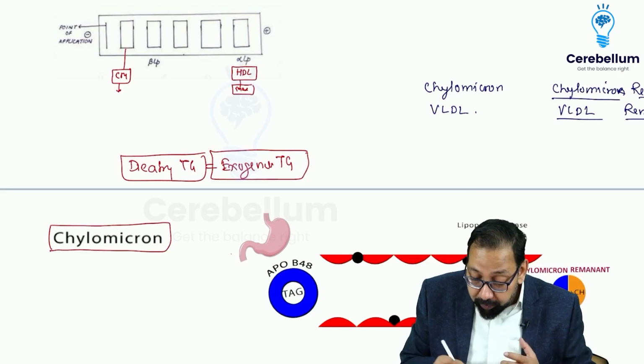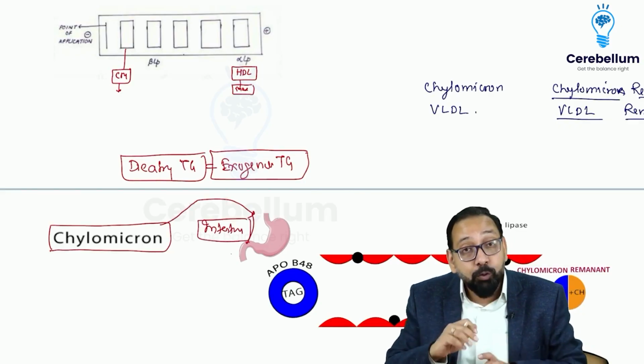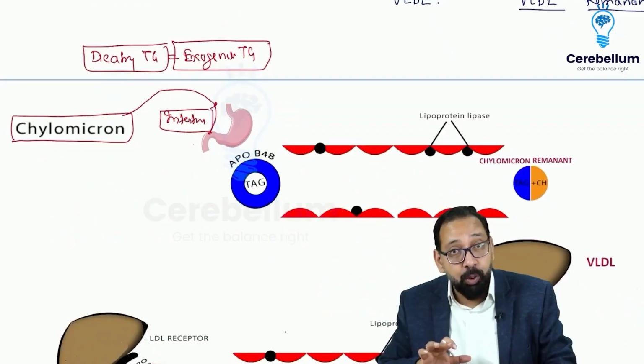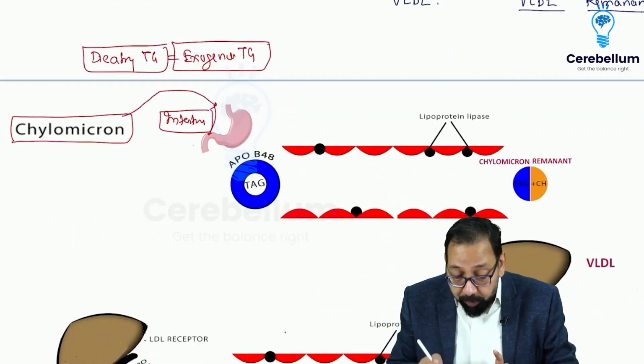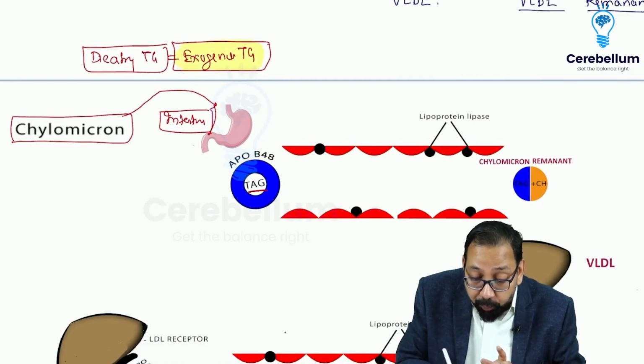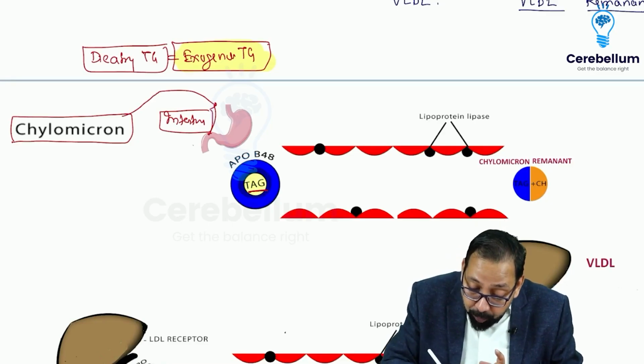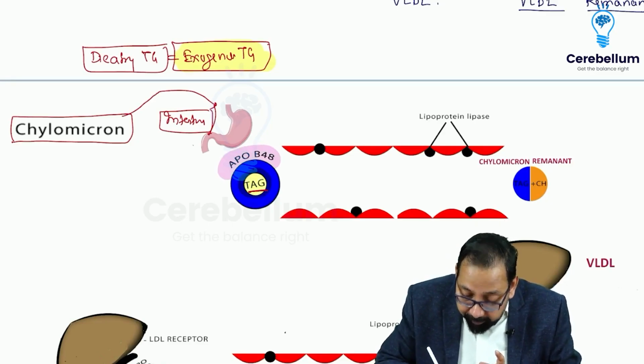So first question: chylomicrons are synthesized in the intestine. Chylomicron contains triacylglycerol, which is exogenous, meaning coming from diet. And it contains one apoprotein, ApoB48.